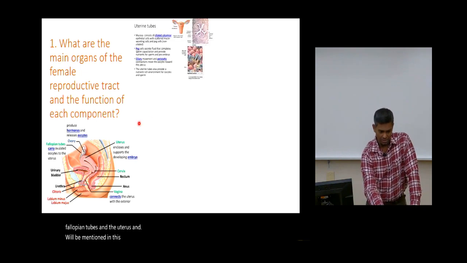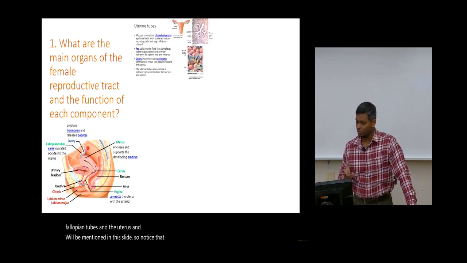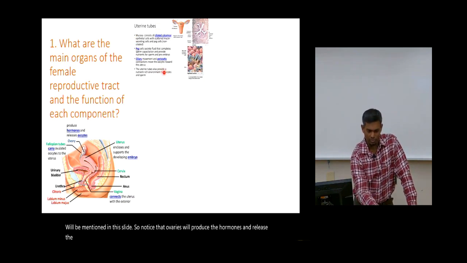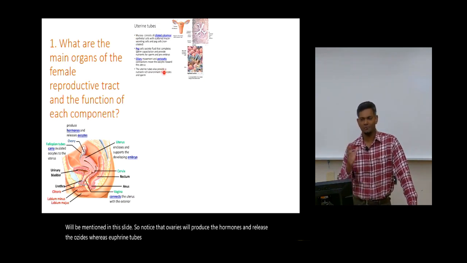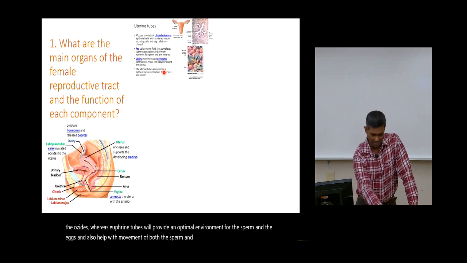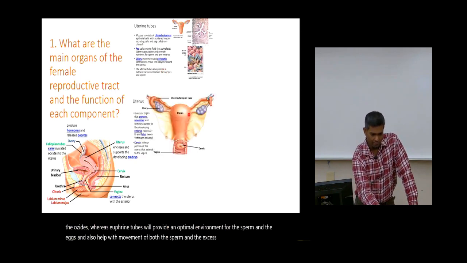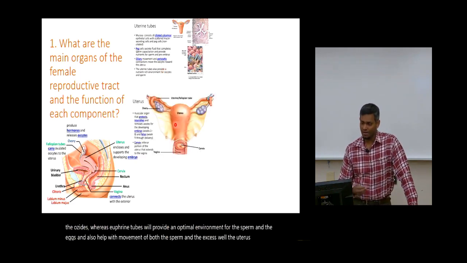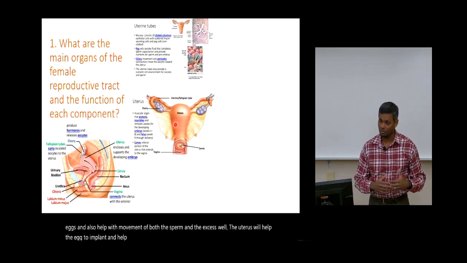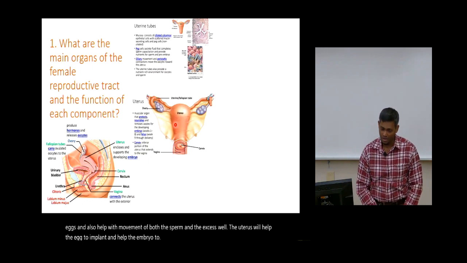So notice that the ovaries will produce the hormones and release the oocytes, whereas the uterine tubes will provide an optimal environment for the sperm and the eggs, and also help in movement of both the sperm and the eggs as well. The uterus will help the egg to implant and help the embryo to develop into the fetus.